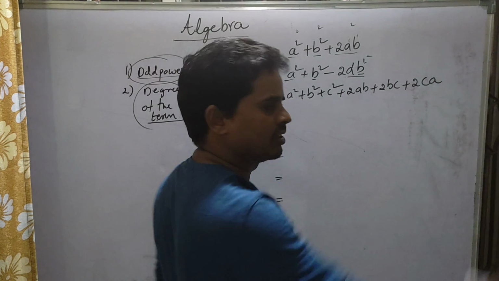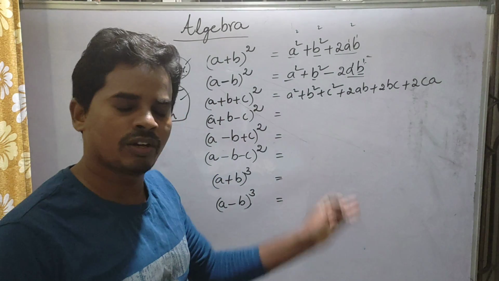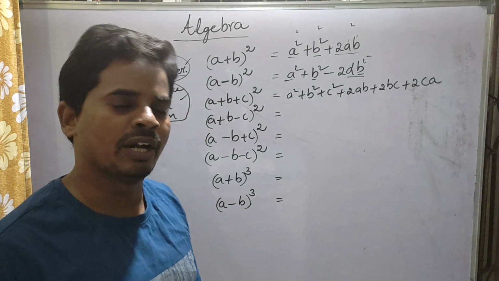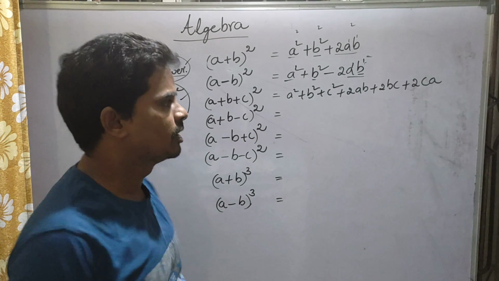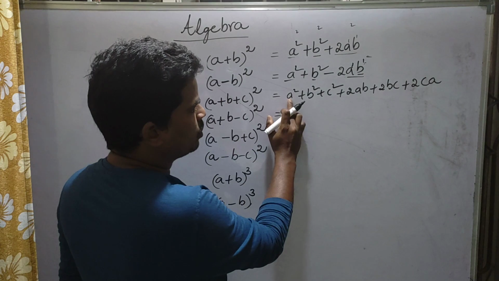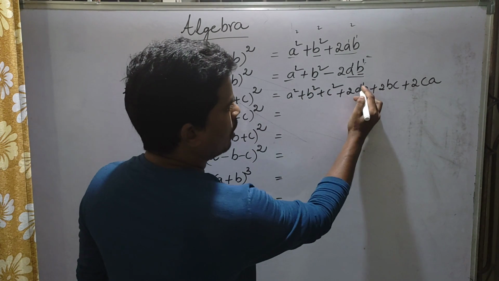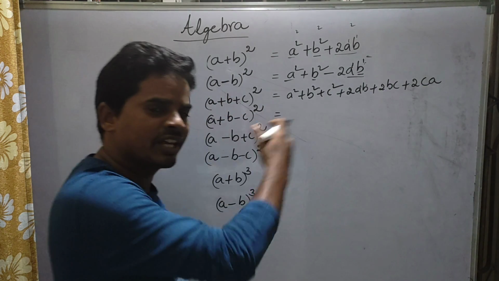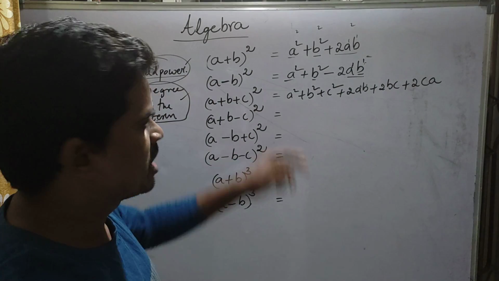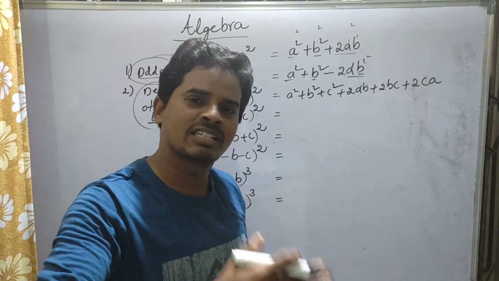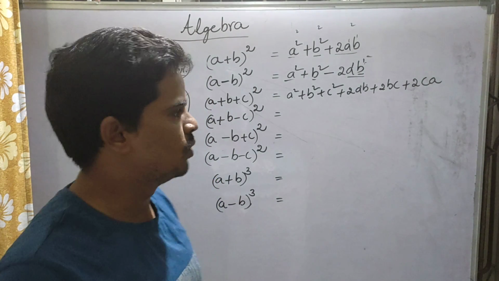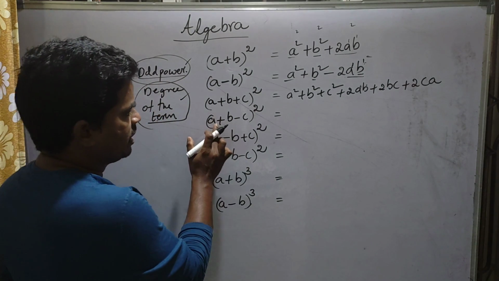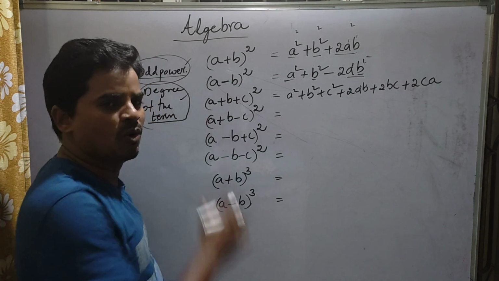There is no minus in the formula, so we don't get a negative term. Check each term's degree: 2, 2, 2; 1 plus 1, 2; 1 plus 1, 2; 1 plus 1, 2. Each term's degree is 2 only. So a plus b plus c whole square means each term contains degree 2 only.